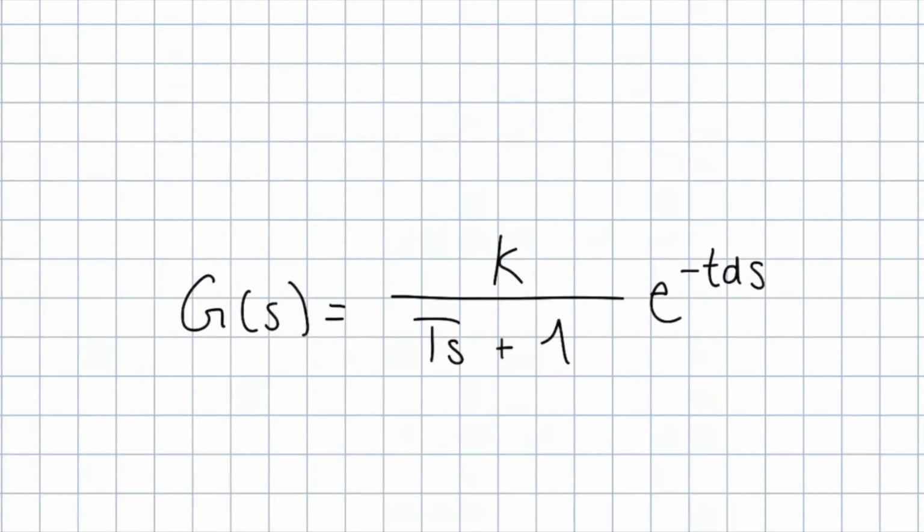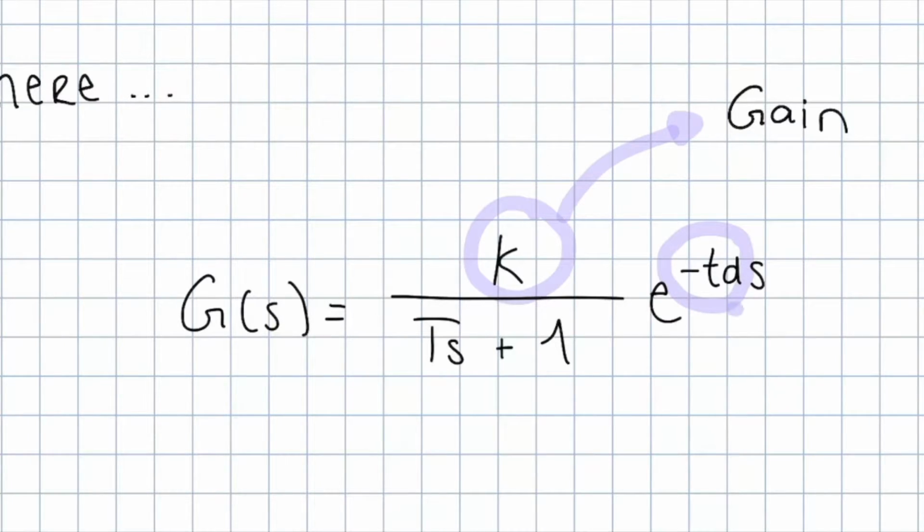For this transfer function, I'm gonna explain what every symbol means, where K is gonna be the gain of our PID. TD is gonna be our delay time.